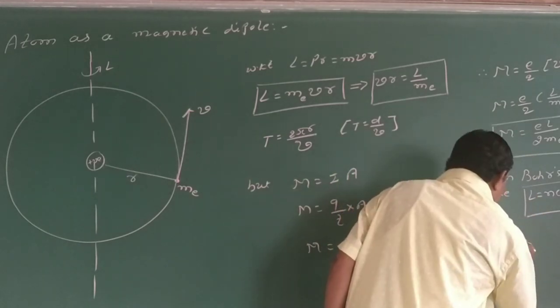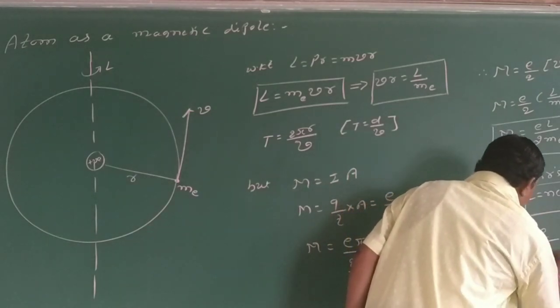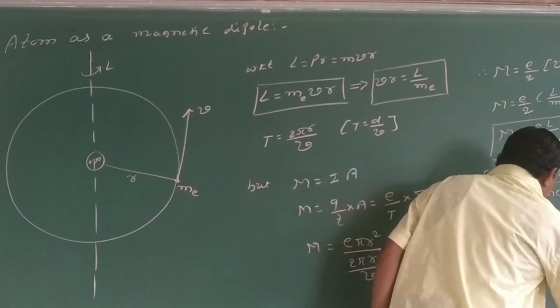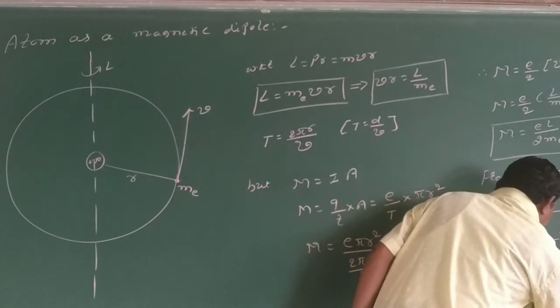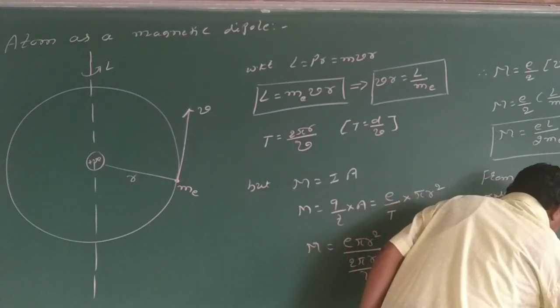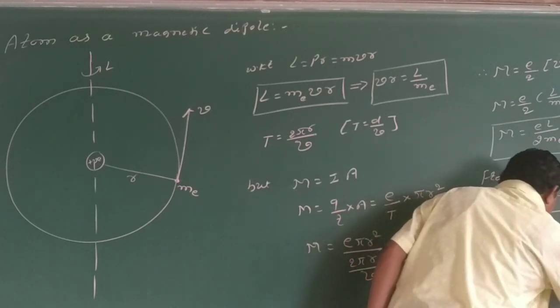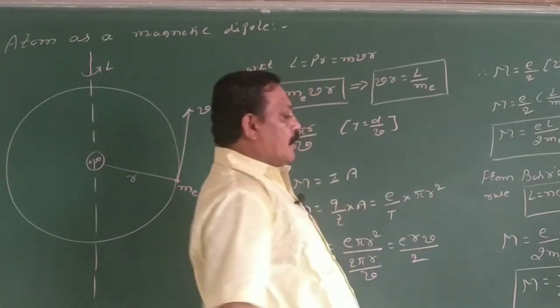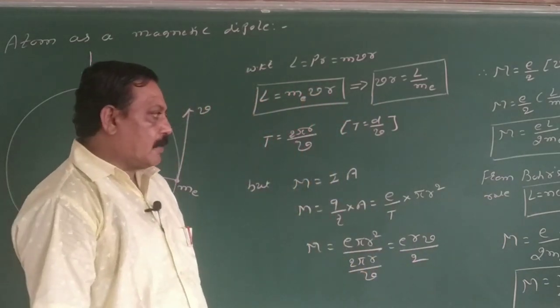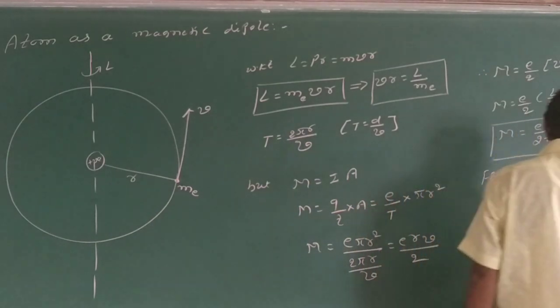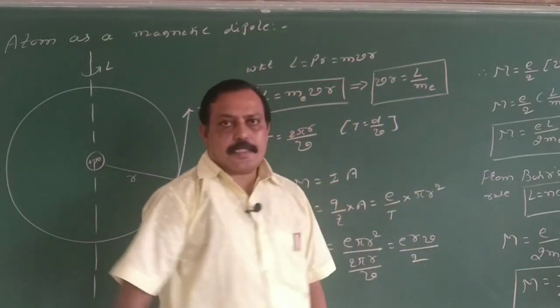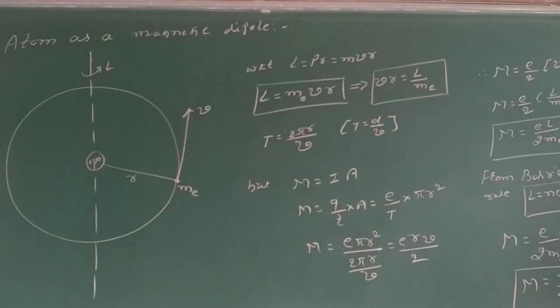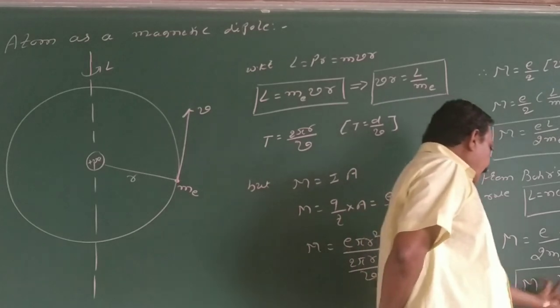M equals e divided by 2 m e times L, and L is n h divided by 2 pi. So the magnetic dipole moment is n e h divided by 4 pi m e. This is the magnetic dipole moment of an atom, where n equals 1, 2, 3, and so on. It should be understood. n is the principal quantum number. Now this equation represents the magnetic dipole moment of an atom.